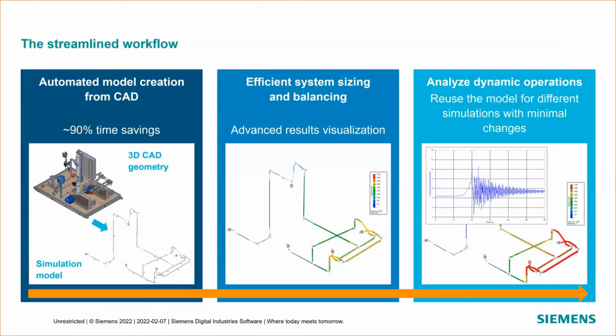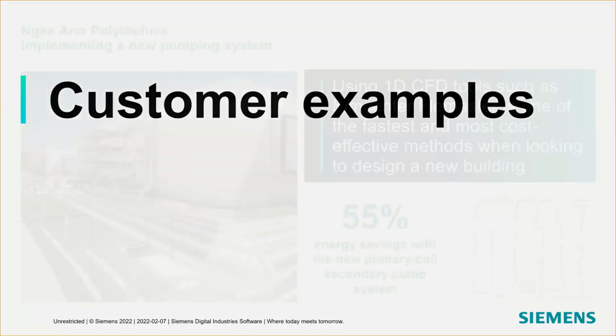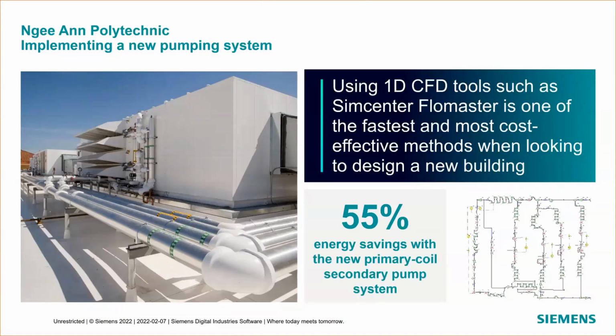The first one is from the Nian Polytechnic University, where they were looking at implementing a new pumping system. To quote Dr. Sam Lee from the Nian Polytechnic, using 1D CFD tools such as SimCenter FlowMaster is one of the fastest and most cost-effective methods to design piping systems. In this case, we used SimCenter Flowmaster to design the HVAC for a large building.